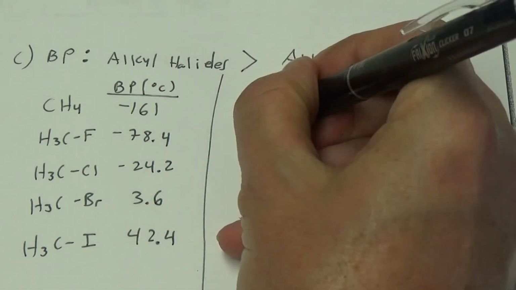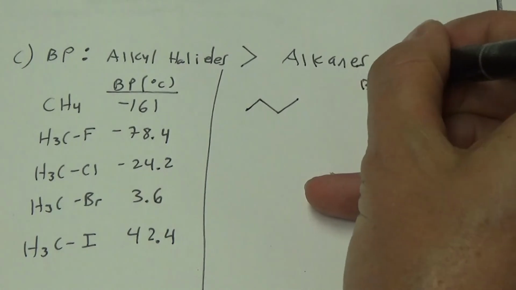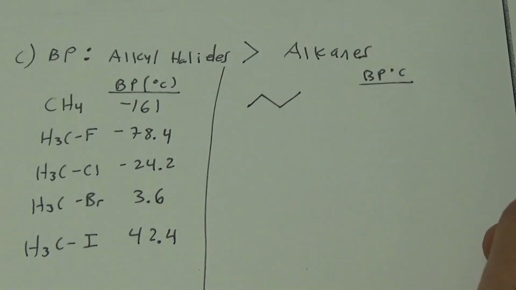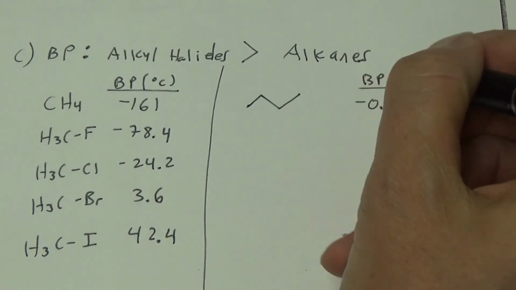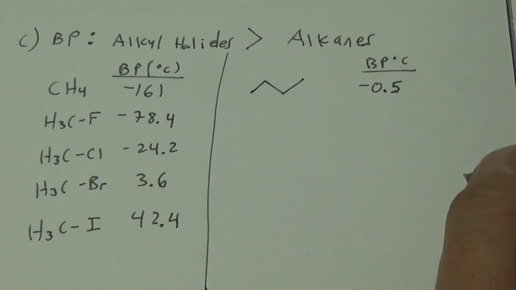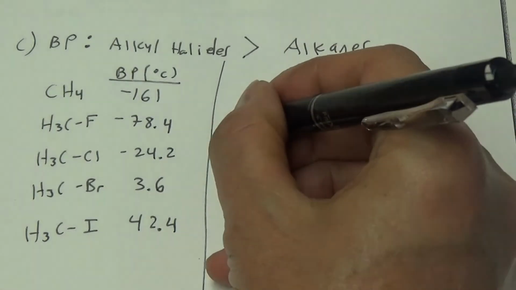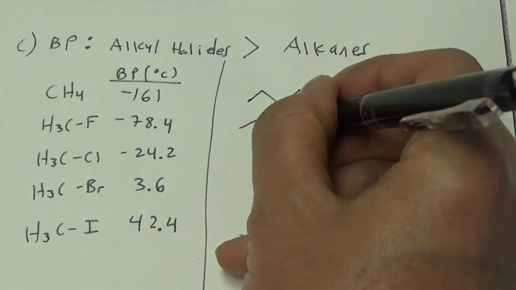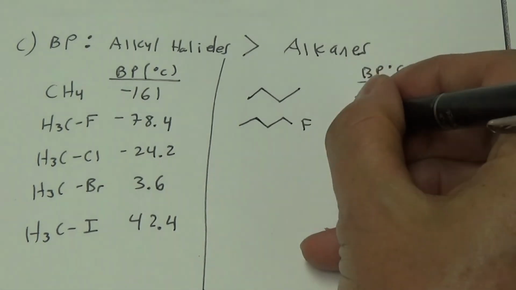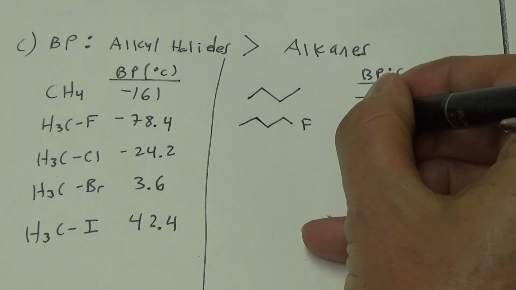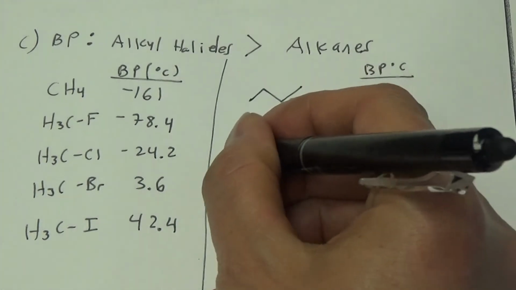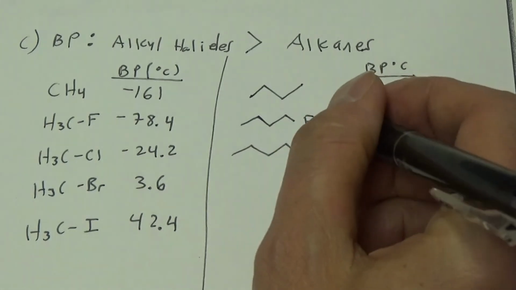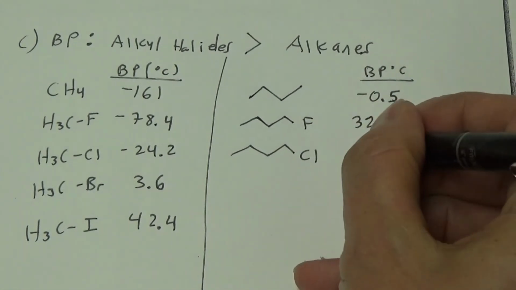Let's do butane and the boiling point in Celsius. Butane is negative 0.5 degrees Celsius. Fluorobutane is 32.5, so it's definitely a liquid at room temp. 1-chlorobutane is 78.4.